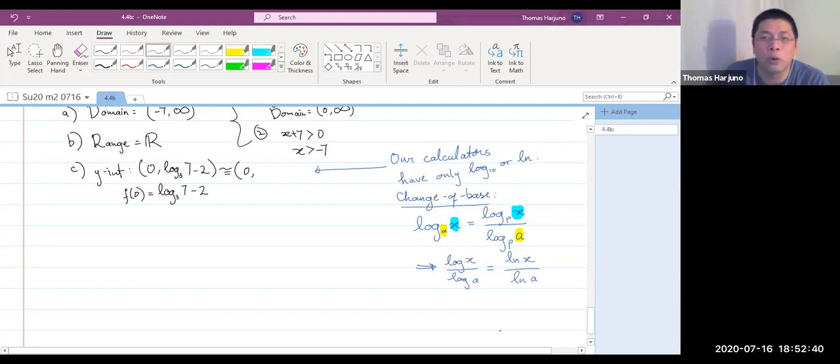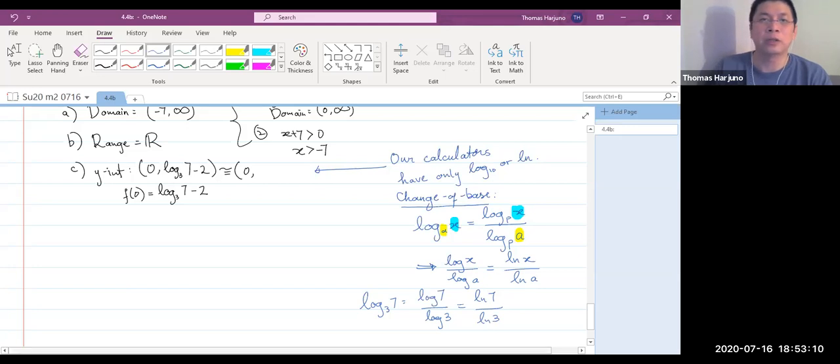Why do I tell you this? Because if I need to compute log base 3 of 7, I can use log 7 over log 3 or natural log 7 over natural log 3. Either one will give you the same value.